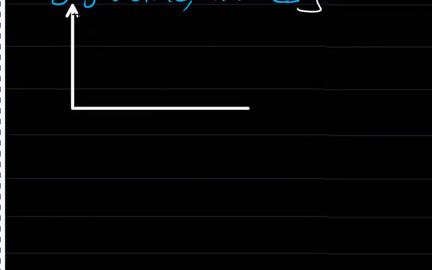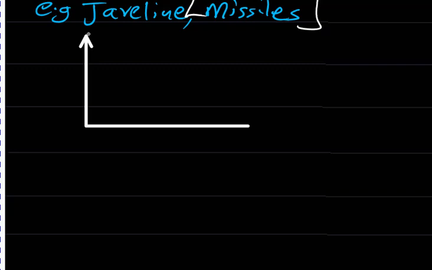Let me draw that. The velocity is neither vertical nor horizontal. Let's say this is the vertical component of velocity, let me call it uy, and this is the horizontal component of the velocity. The velocity of the projectile we are talking about is neither vertical nor horizontal, but rather it is inclined at an angle.